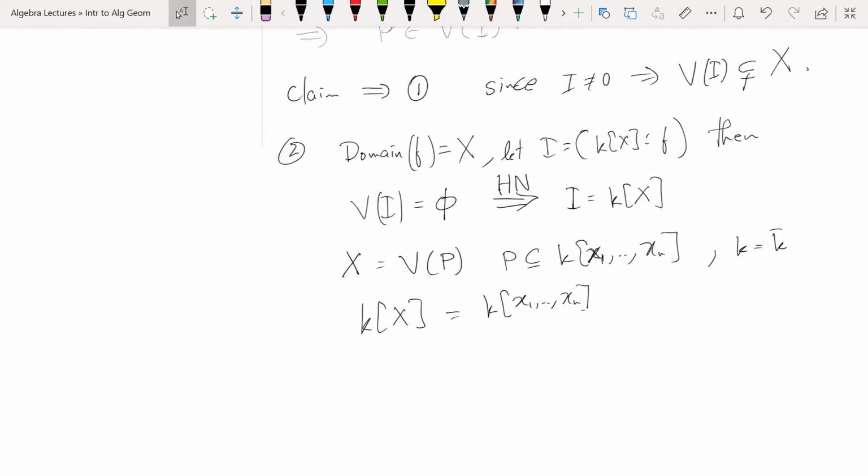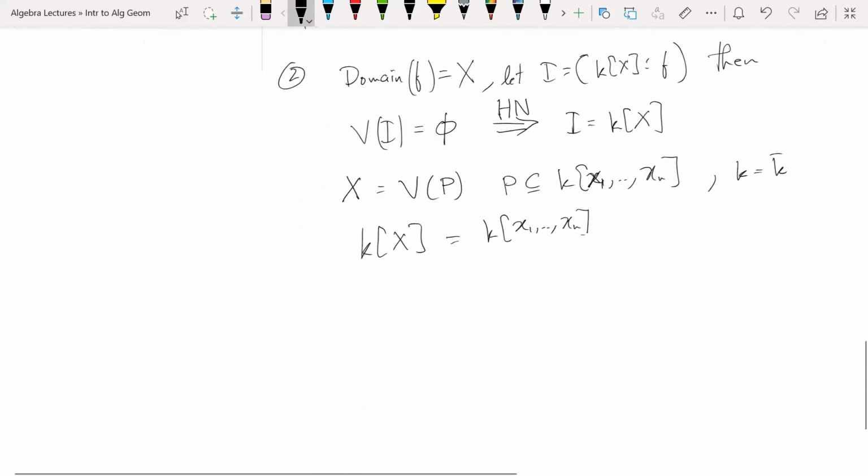If your definition of X is the maximal spectrum of the coordinate ring of X, then this also works out. Some parts I'll leave as homework.